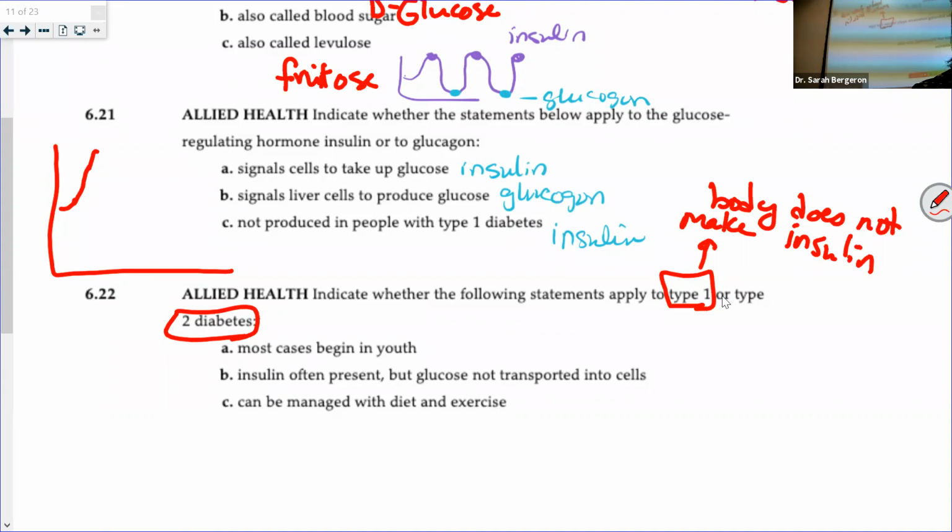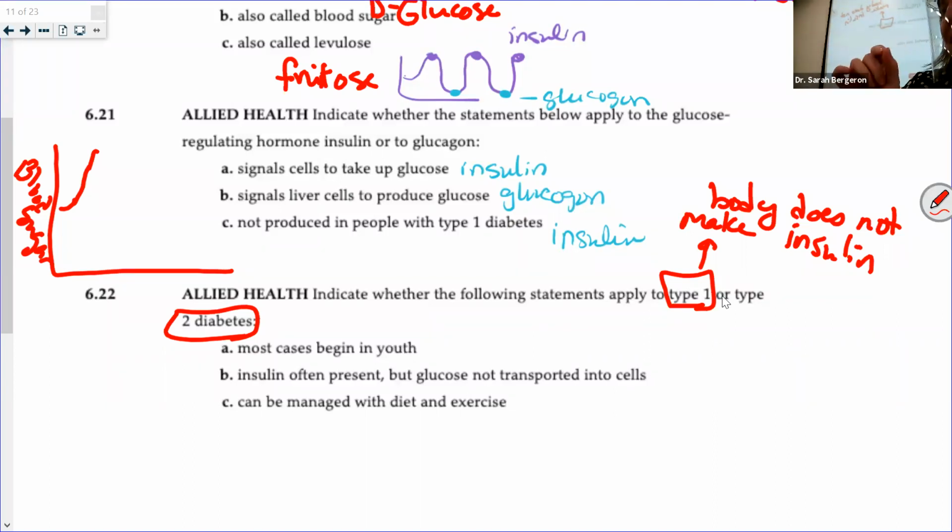What happens to my blood sugar? My blood sugar goes up. Well, that's great that I've got sugar inside of my blood. But is it going to do me any good inside of my blood? No. Where does it need to go?